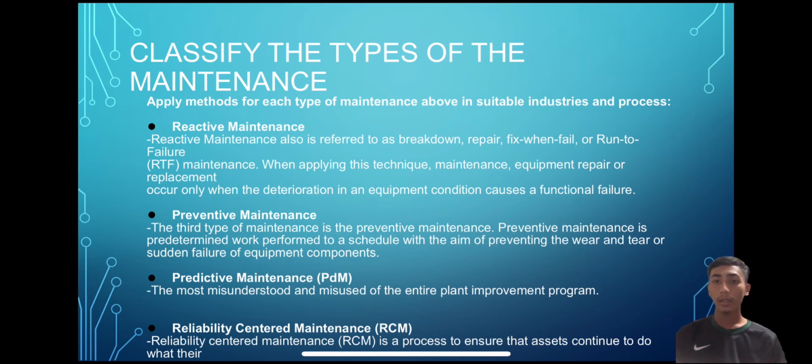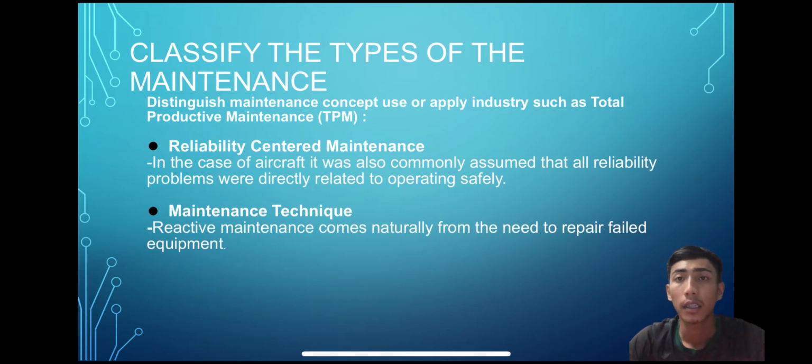Next, predictive maintenance (PDM), the most misunderstood and misused of the entire plant improvement program. Next, reliability centered maintenance (RCM). Reliability centered maintenance (RCM) is a process to ensure that assets continue to do what their users require in their present operating context.